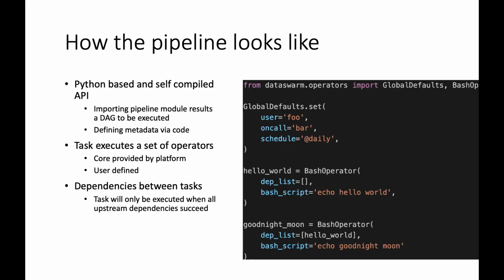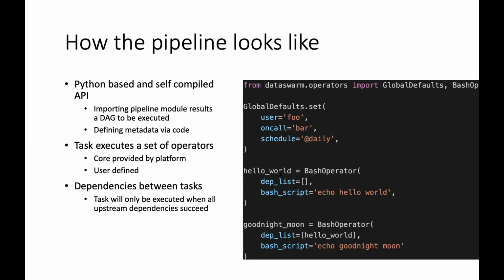And then when this pipeline gets compiled, we actually just run the import function of Python. So what we do is execute the module scope, the global scope of this pipeline. And at the end, the compiler in Dataswarm is going to look for the global variables that have the type of an operator.